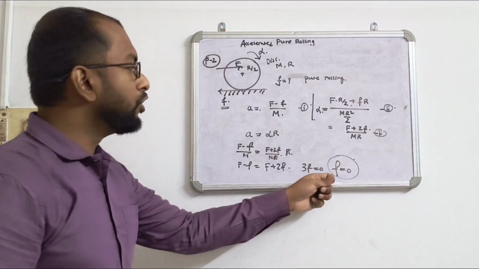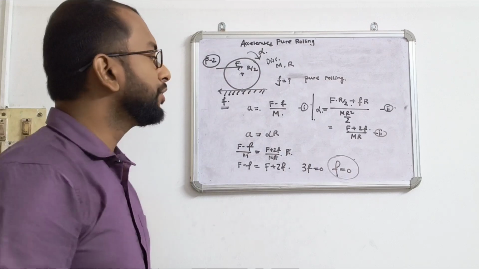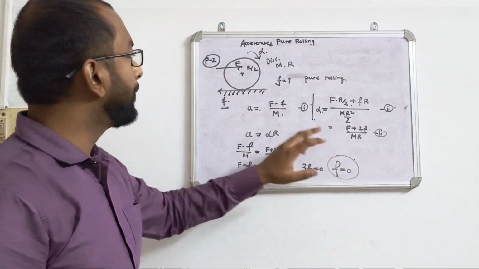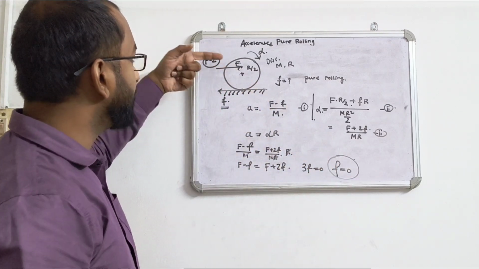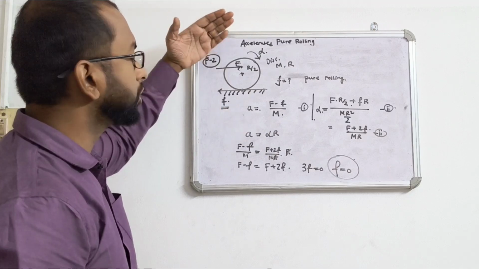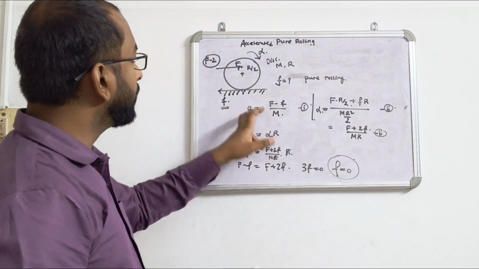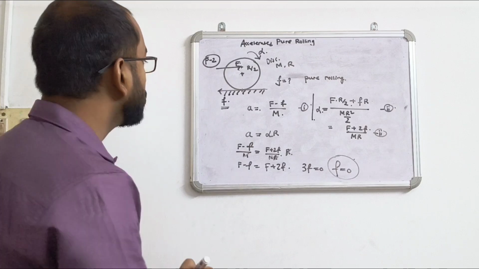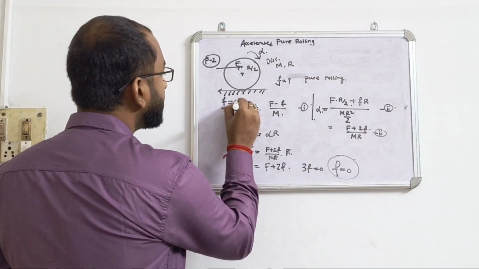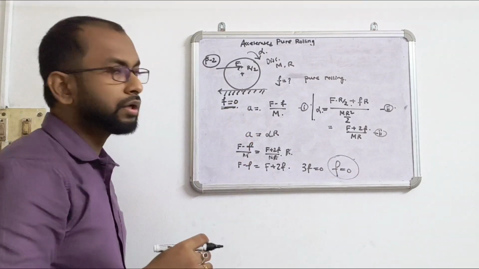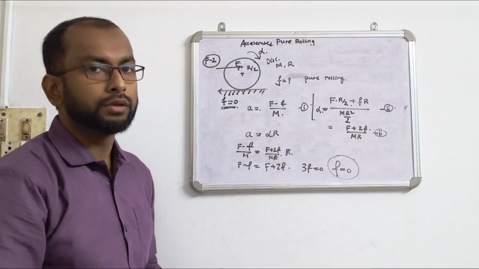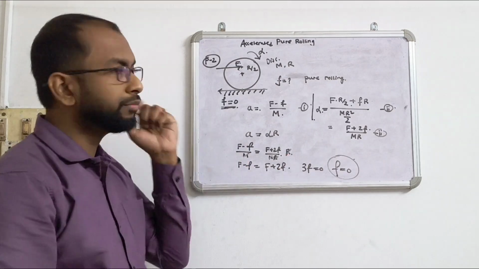We are getting the value of friction to be 0. So no friction gets applied if I apply F amount of force at R by 2 distance from the center in the upward direction. Friction will adjust itself to 0 in this case in order to support the accelerated pure rolling. Friction will be 0.